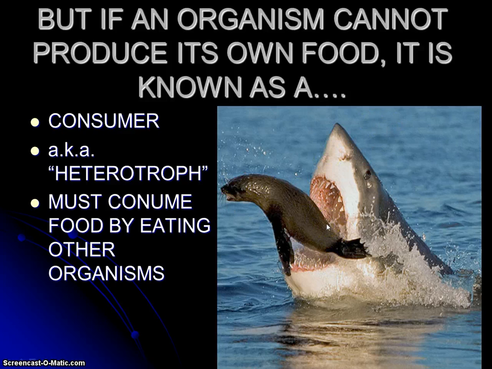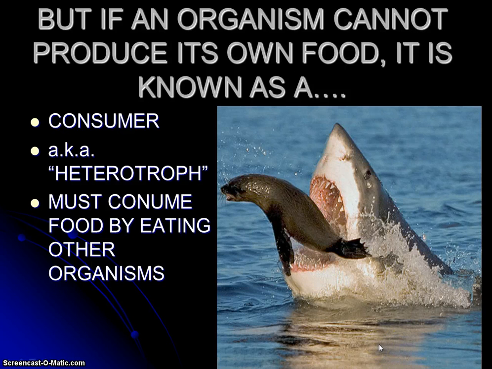Now, before you feel badly for the seal, if we were to hit rewind 20 minutes ago, this seal was doing the same thing to fish. So don't feel badly for him. It's all part of nature. But as the shark eats the seal, he will swallow and begin digesting, with chemical reactions breaking apart the carbs, lipids, and proteins in this organism and turning them into usable energy, just like you do with a piece of pizza.